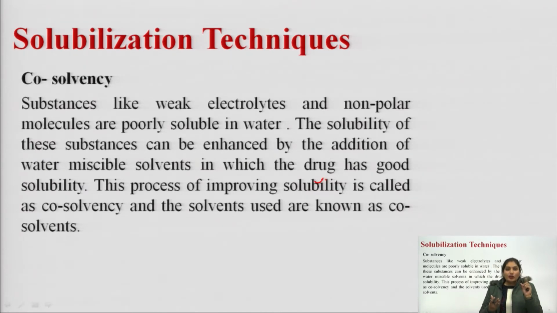So, this process of enhancing the solubility is called co-solvency, and the solvents that are used are known as co-solvents. Okay. What are the co-solvents? And when are the co-solvents needed? In the case of weak electrolytes. Okay. Substances such as weak electrolytes and non-polar molecules.